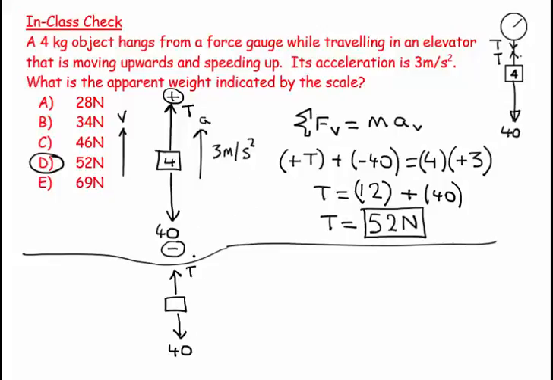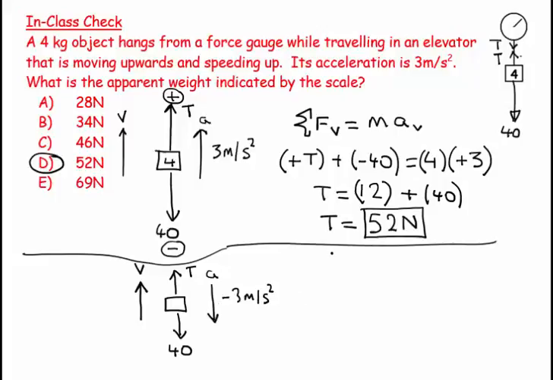We're not changing where we are, we're just changing our acceleration. If we were still moving upwards, but now we were slowing down, this acceleration would have to be minus 3 meters per second squared, because these two cannot point in the same direction. The acceleration must be in the opposite direction of the velocity if I'm slowing down.